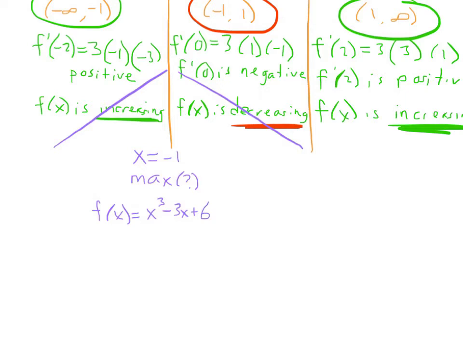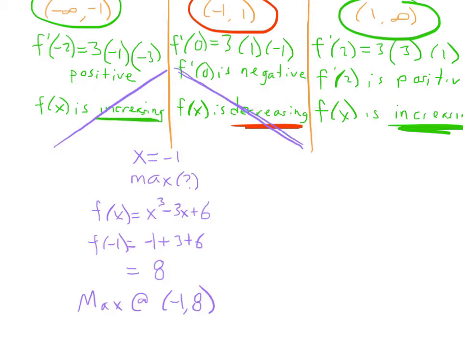So if I plug negative 1 into that, f of negative 1 is negative 1 plus 3 plus 6. That's 8. Yay. So this function has a maximum at negative 1 comma 8. If this had been undefined, it means there's no point, which means there can't be a maximum. It means the function probably went up forever, hit an asymptote, and then started to decrease. That's what that means.